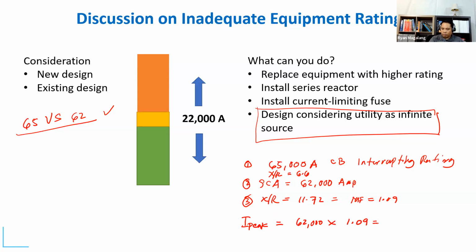If I solve that, I would get 67,580 amps. Now suddenly it's 65 versus 67.58, which means my breaker is not adequately rated for this.